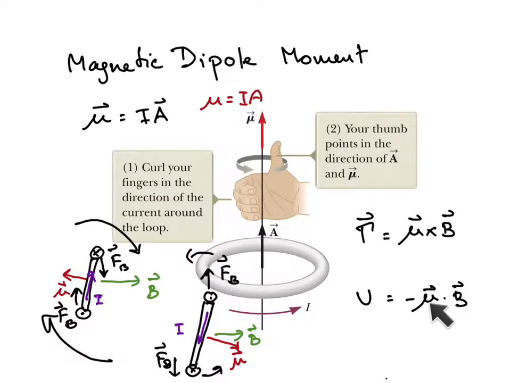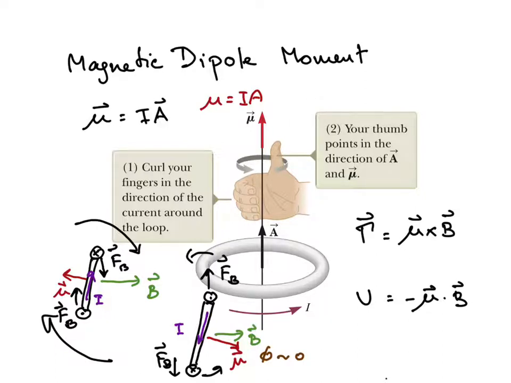This is reasonable because in this case, the angle between mu and B, I may write it as phi, is small, and we know that cos of a small angle is approximately equal to 1.